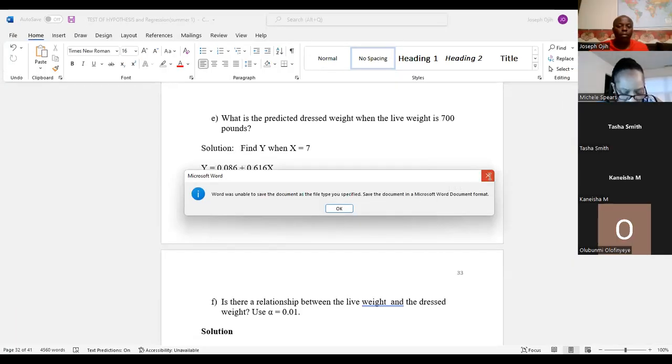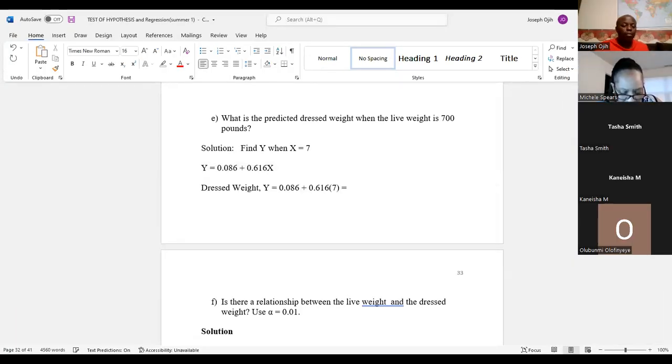We have 4.398, which when you round it is 4.4. So what does this mean? It means that when the live weight is 700, the dress weight is 440 pounds.